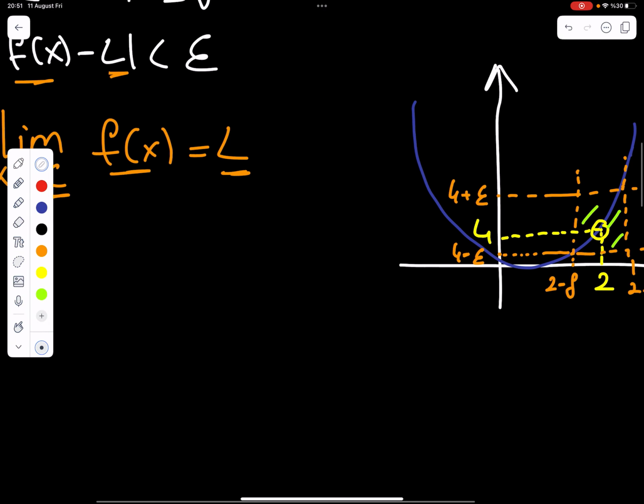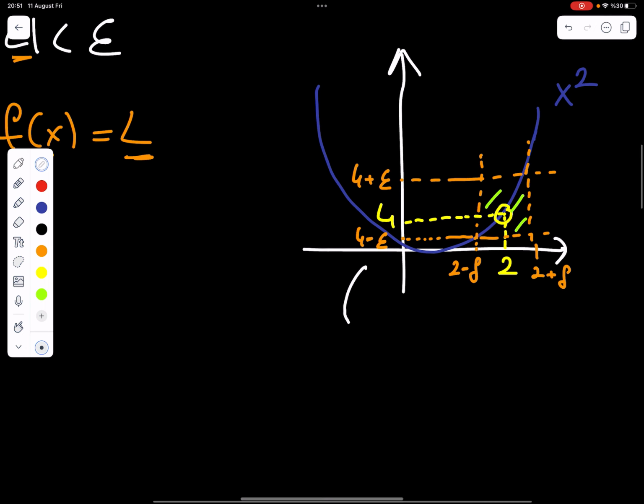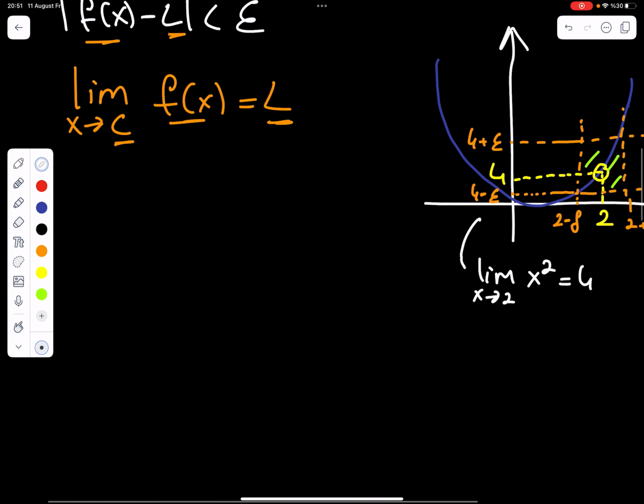Now I want to prove to you that this is, let's write this here, the limit as x goes to 2 of x squared equals 4. So the whole graph is this that you wrote here. Sorry, I forgot to write it in the beginning.